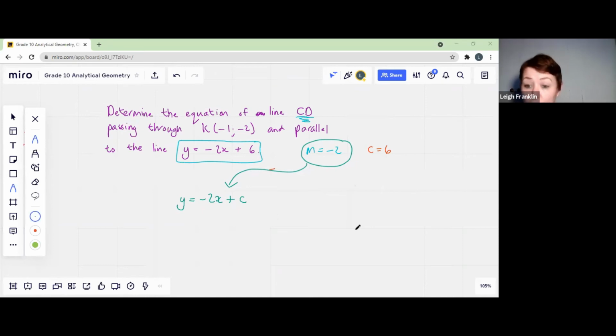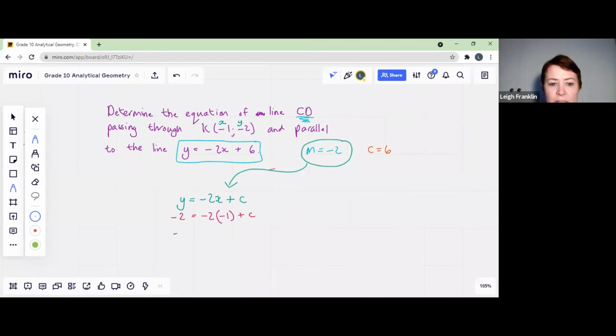We'll work out C first, and then I'm going to talk about the difference between parallel and perpendicular. I'm really glad you asked that. So now let's see if we can get this right. That is the x coordinate. That's the y coordinate. So in place of y over here, what do I need to write, grade 10s? In place of y, I'm going to write -2. Good. Equals -2. And in place of x, I'm going to write negative. Good, Harry.